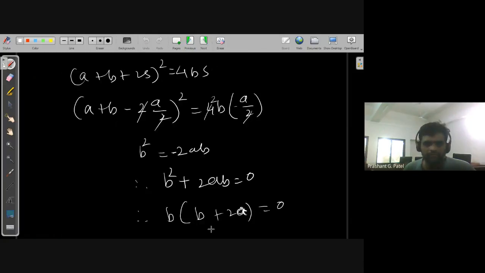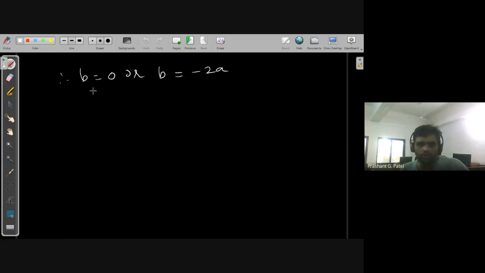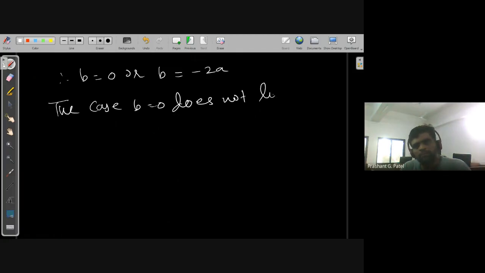But B equal to 0 does not lead to a solution. So we'll not consider that case. The only case is B equal to minus 2A.